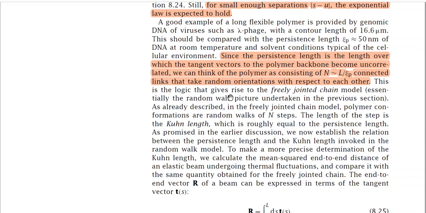This is the logic that gives rise to the freely jointed chain model of the DNA. So this particular model of the DNA is known as the freely jointed chain model.